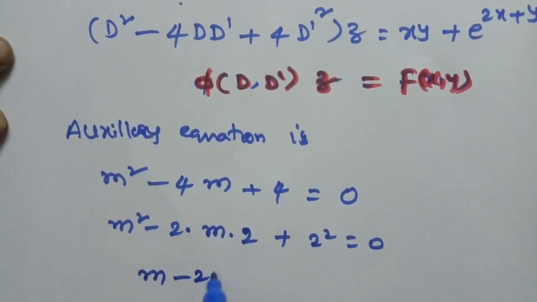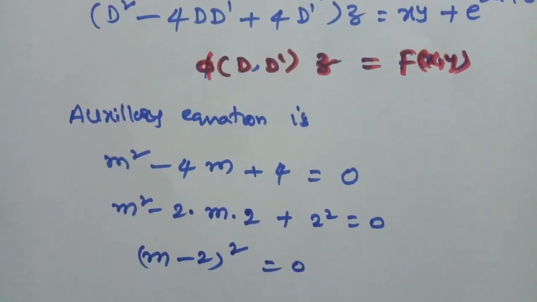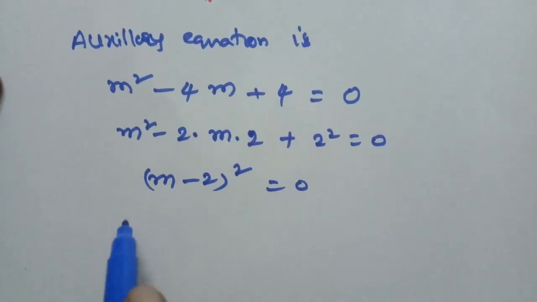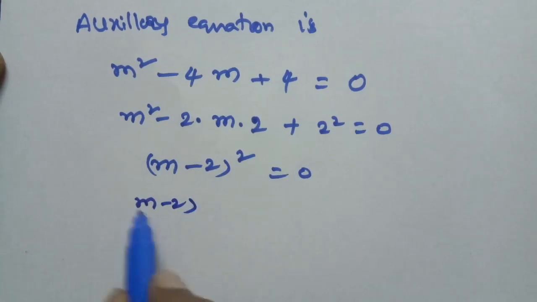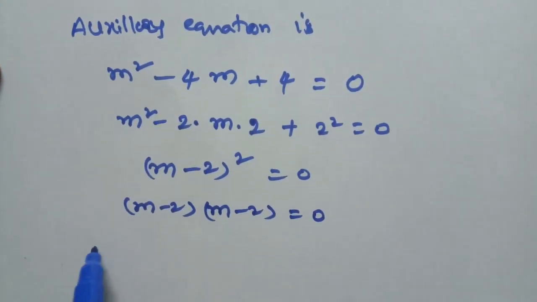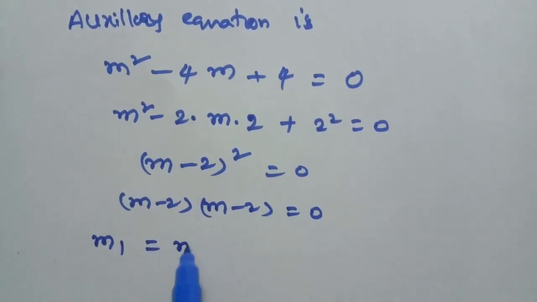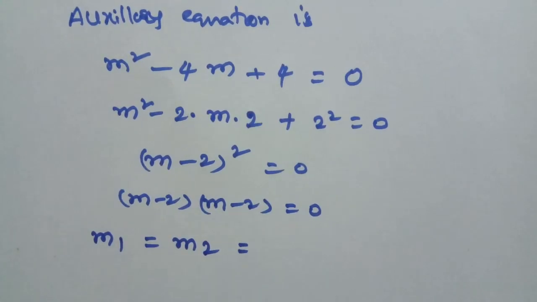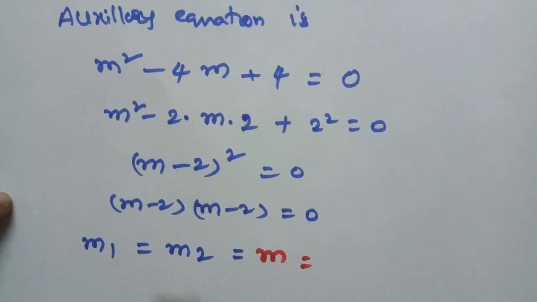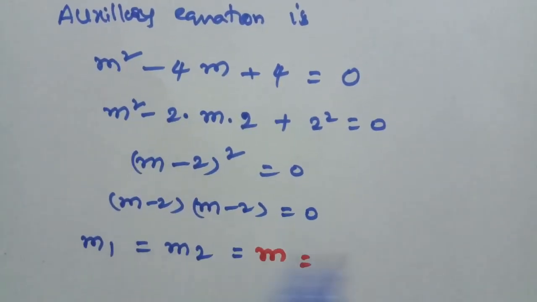So this is (m minus 2)² equal to 0. Therefore (m minus 2)(m minus 2) equal to 0, and from this m1 equal to m2 equal to m is equal to 2.